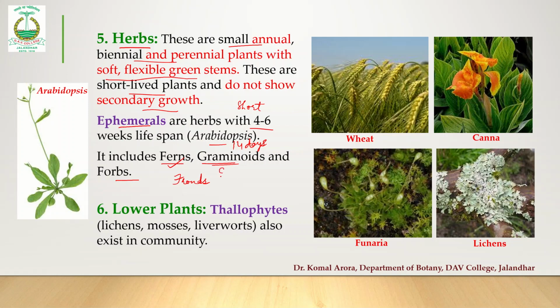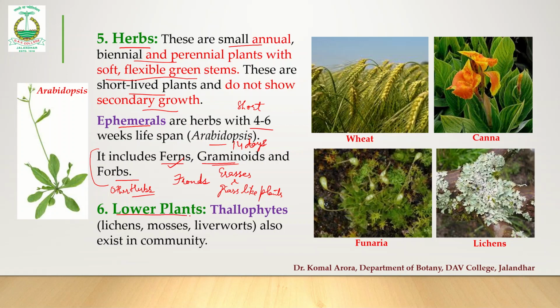These include grasses and grass-like plants. And what are forbs? Other herbs, which are not grasses, are called forbs. So all these come in the category of herbs.